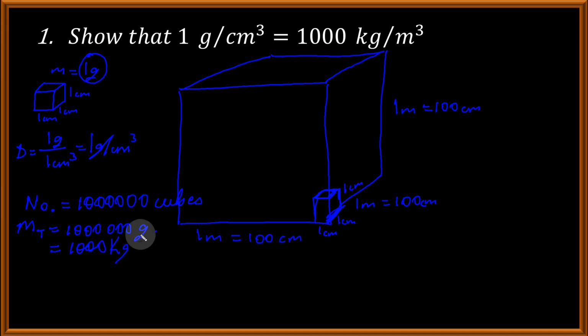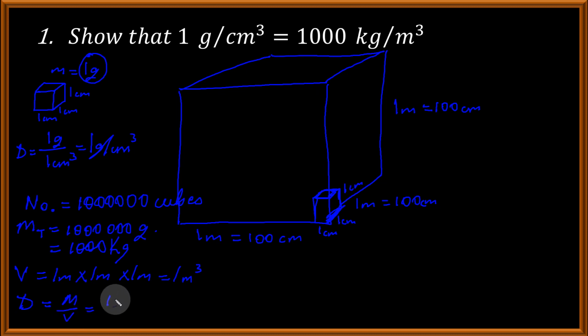Let us go ahead and calculate this volume in meters cubed. The volume in meters cubed will be 1 meter times 1 meter times another 1 meter, which will give me 1 cubic meter. So let me go ahead and calculate the density of this material. It will be mass over volume.